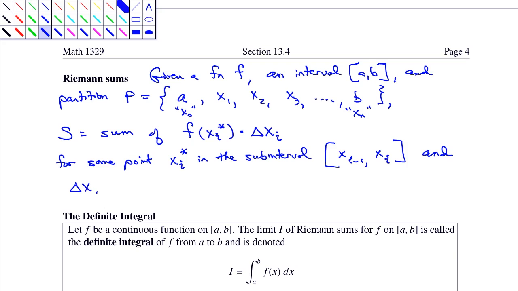And delta xi is equal to x sub i minus x sub i minus 1.